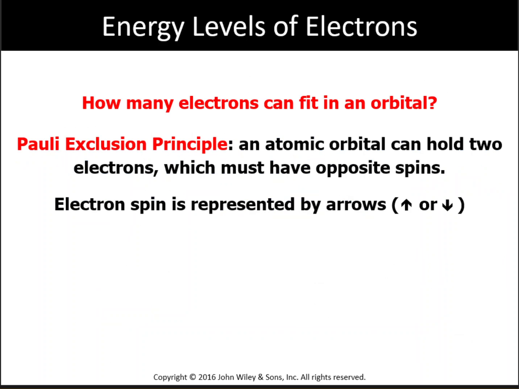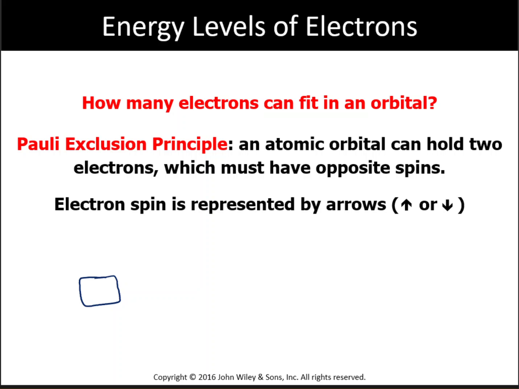Now let's look at the number of electrons we can put in each orbital. I already mentioned that the maximum number of electrons you can put in each orbital is 2. So we can show each orbital with a box, and we're going to use a box representation for each orbital.